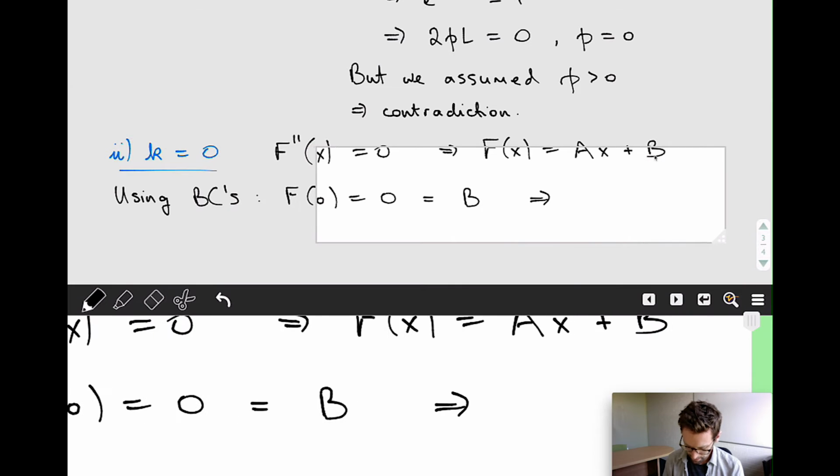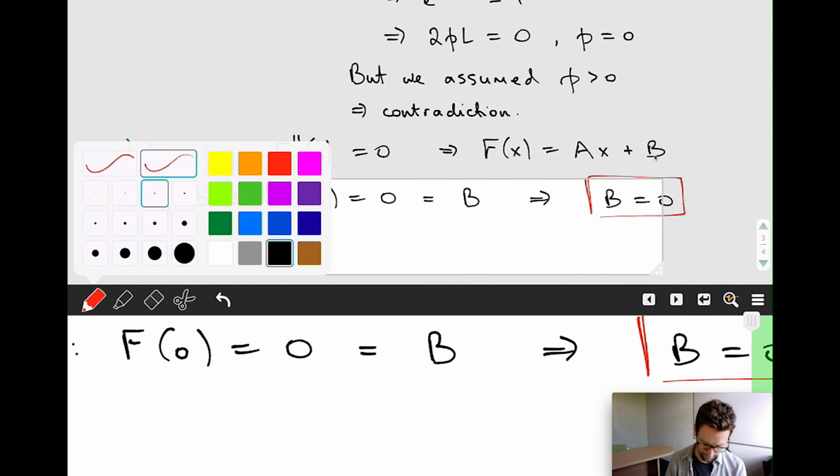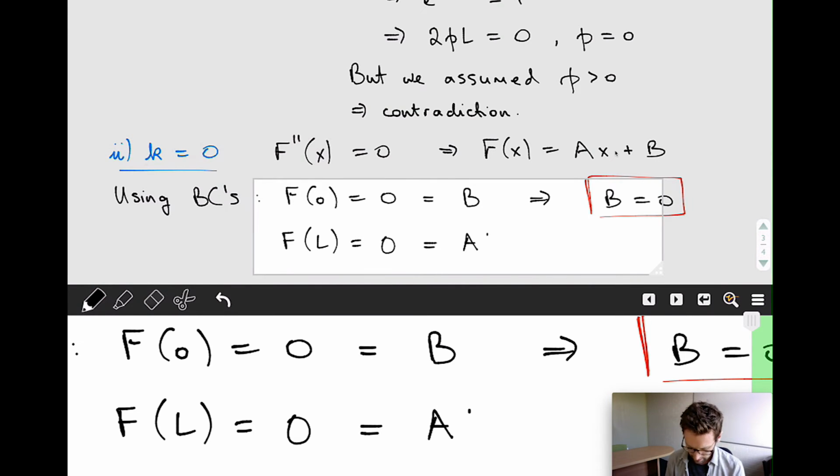So that's going to give me b is equal to 0. Let's look at the other boundary condition at x is equal to L. I also know that f is 0 there. Substituting that into my expression here, I'm going to get a times L. I know that b is equal to 0, so I don't have to include that.